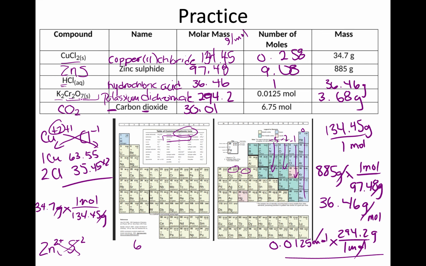You start with your moles, 6.75 moles, multiply it by your molar mass, grams per 1 mole. Moles is in the denominator, so we didn't have to flip anything. And you get this number, 202.56. So to keep 3 sig digs, I am just going to bump that end one up to 203.